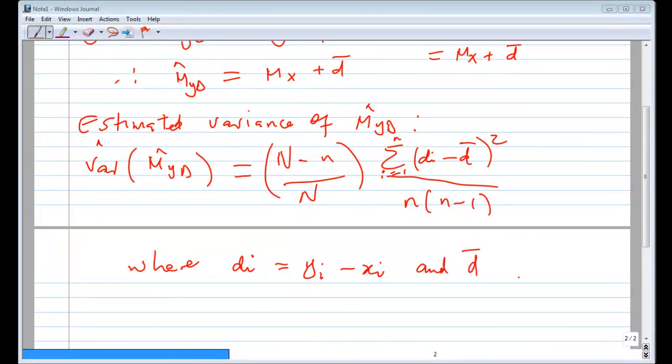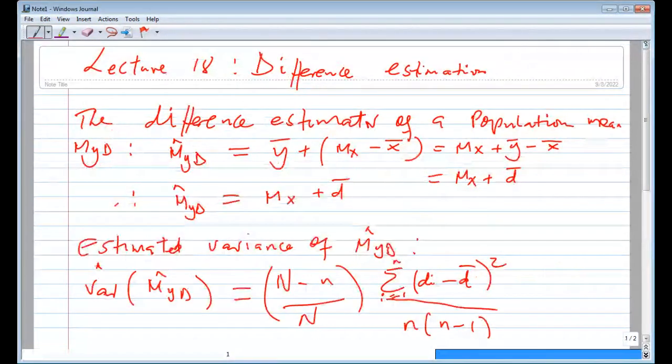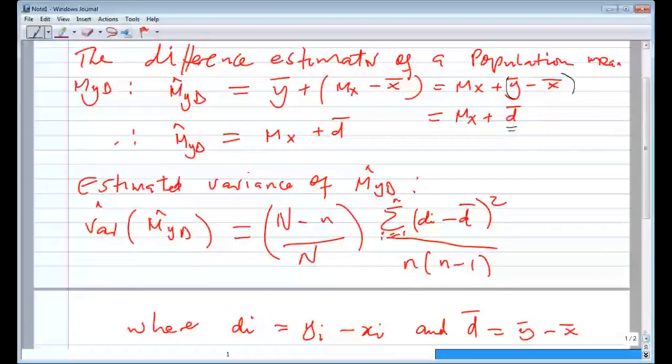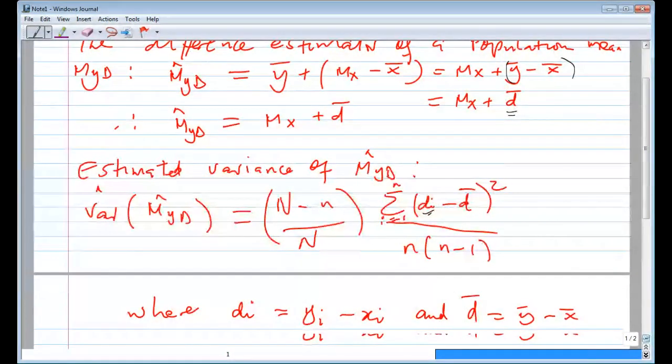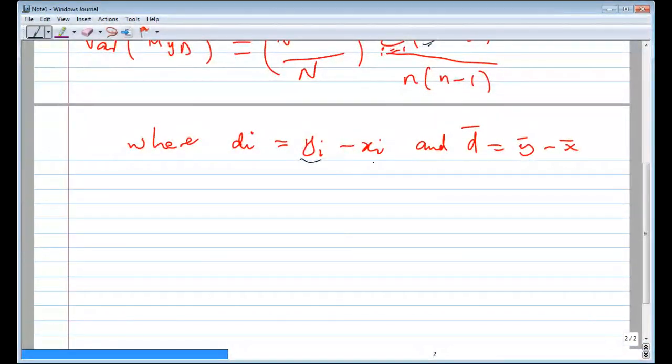And d bar is equal to y bar minus x bar, as we have already indicated up there. So this y bar minus x bar is equal to d bar, and this di is equal to yi minus xi. I think it's clear.